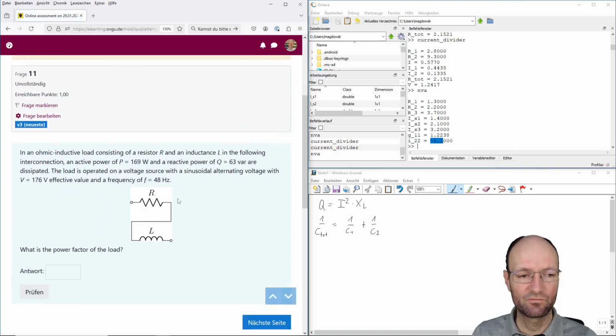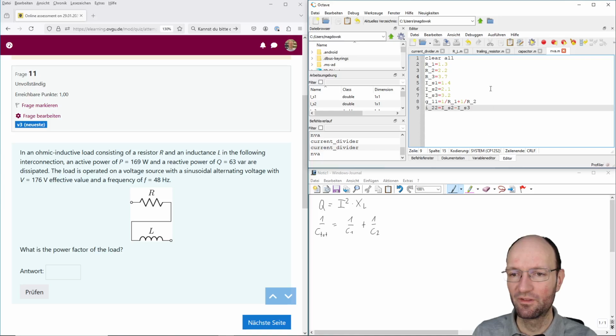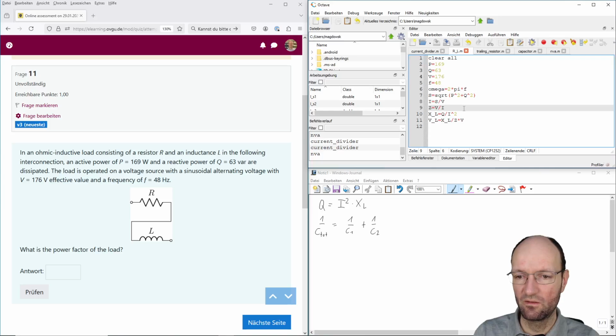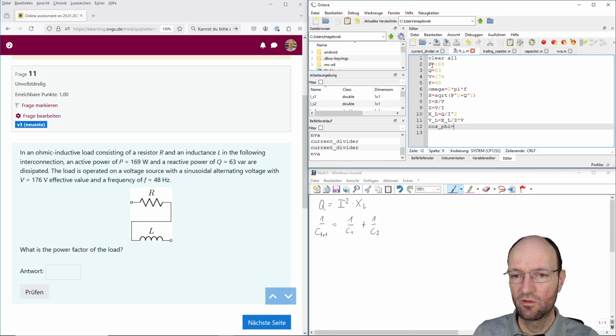Next page, we once again have this RL circuit. And now the question is, what is the power factor of the load? And this power factor can be easily calculated. Cosine phi is the real power or the active power divided by the apparent power.